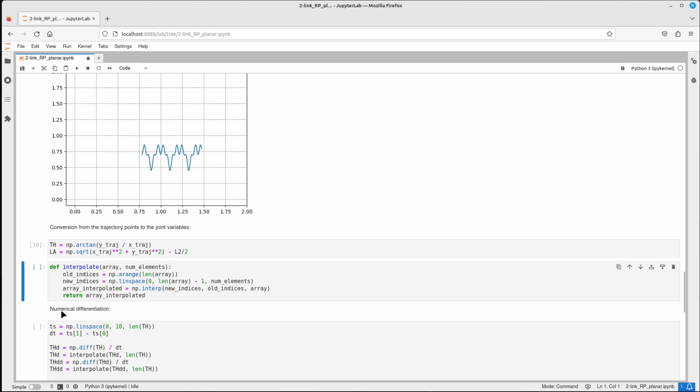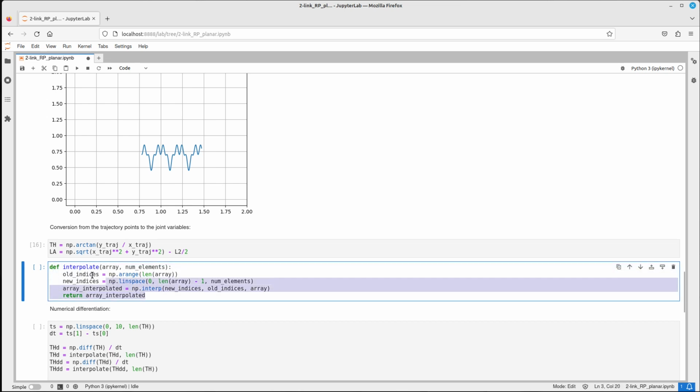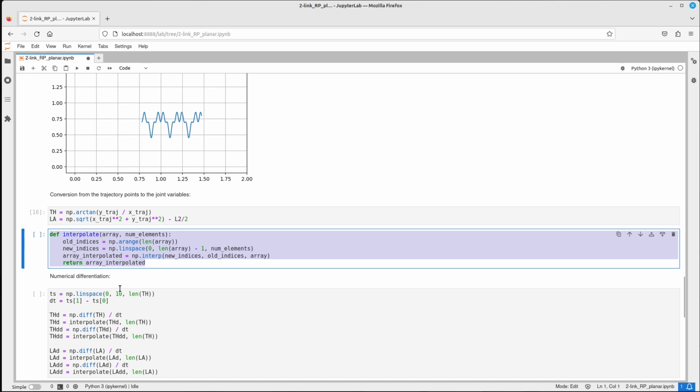And before we proceed to a numerical differentiation, we have this interpolate function that I presented to you in one of my previous videos. As we perform numerical differentiation, every time we do it, we lose one element. So if you have, let's say, 100 elements, then after differentiating once, you get 99 elements, and so on.